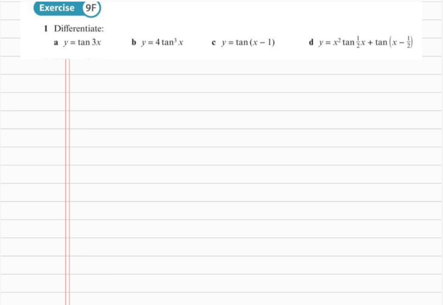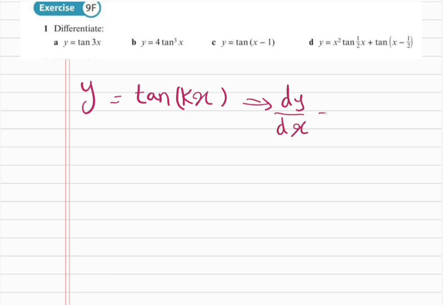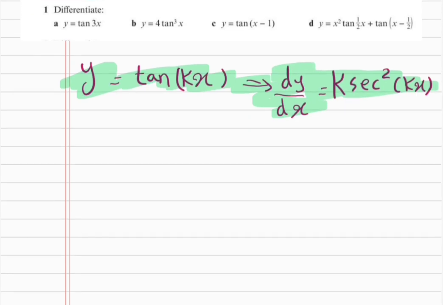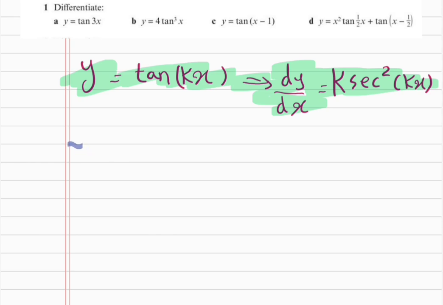And for this specific question, for each of these parts, we are going to use this standard result that whenever you have a function, let's say y is tan kx, then the derivative of this is going to be k sec squared kx. So this is the standard result that maybe the first one based on this exercise that we are going to use a lot. So yeah, let's see how we can use this.